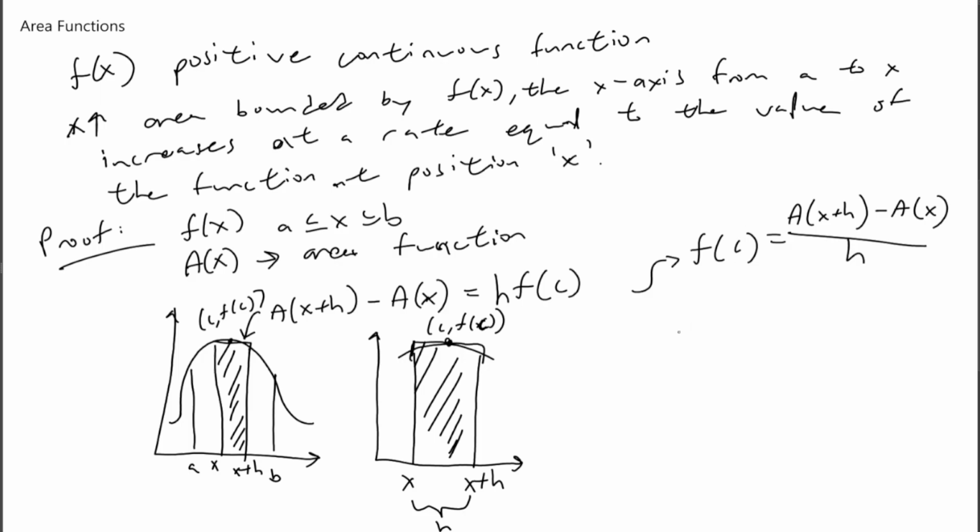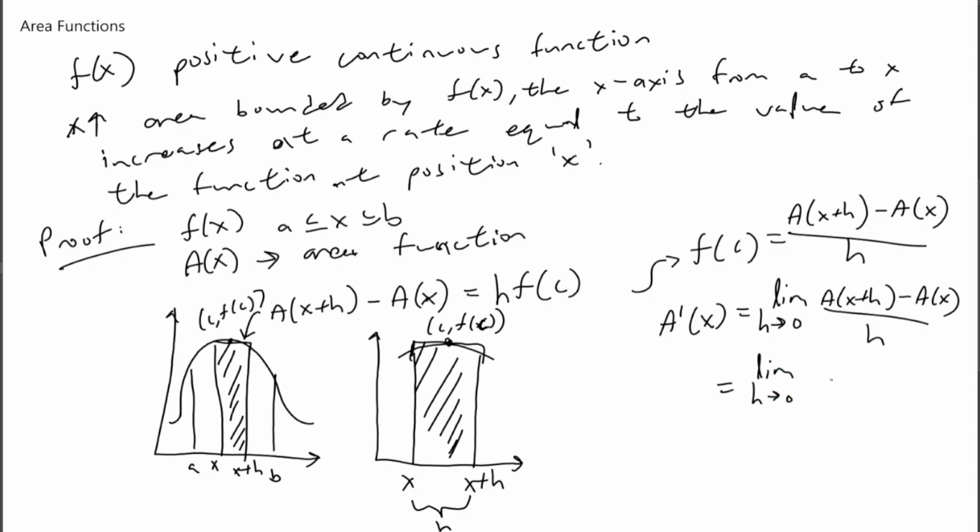And so forth, we can find that A prime of x is equivalent to the limit as h approaches 0, by definition of the derivative of A, of A of x plus h minus A of x over h. You replace, from this equation right here, this entire part.